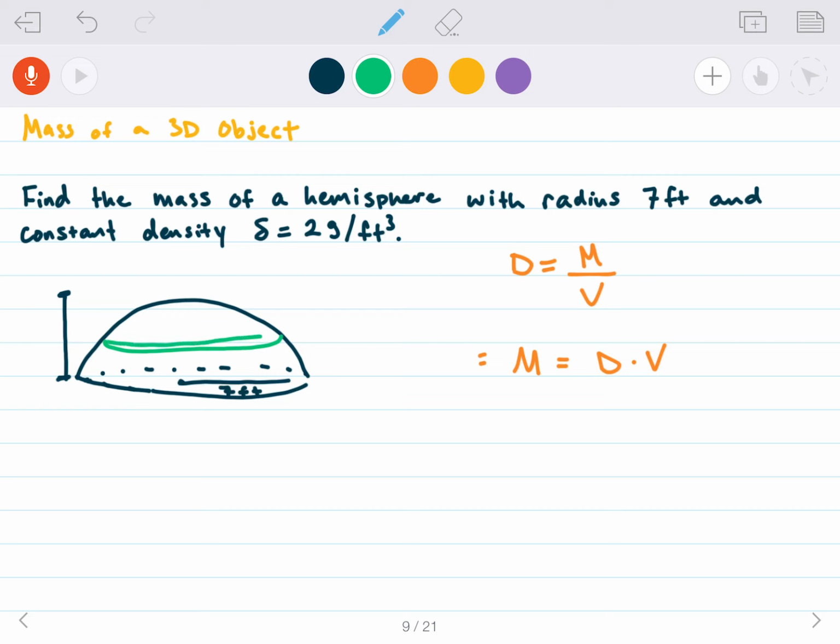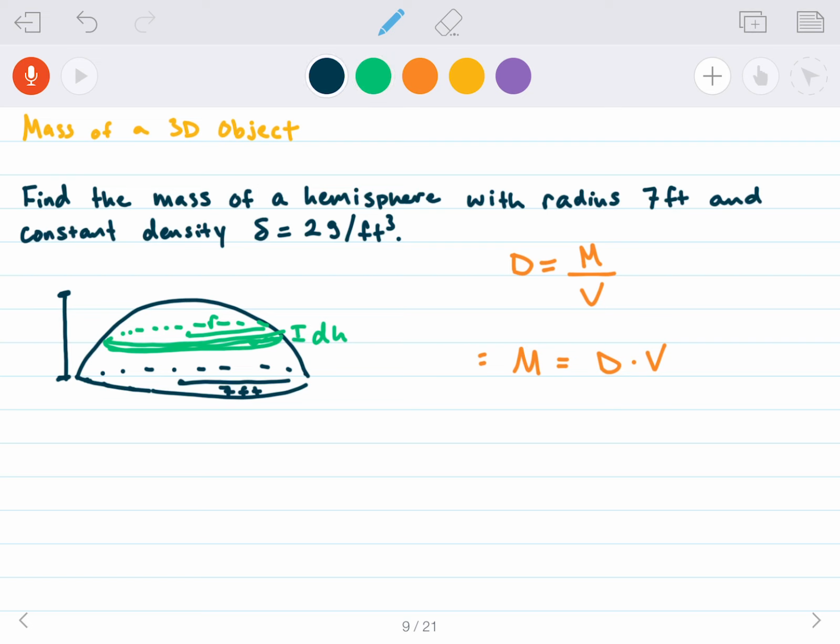Remember this? Remember we had some thickness here, some thickness of, let's say, dH, the thickness of the cylinder. And then we had to figure out what the radius of the cylinder was in terms of h. You guys remember that? So that's what we're going to have to do here.